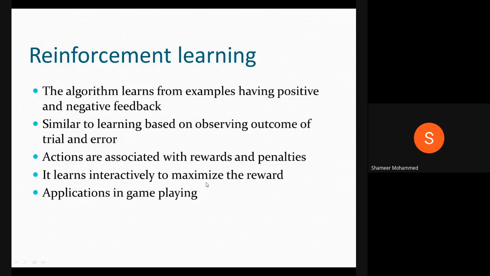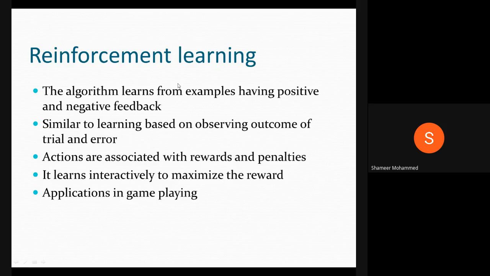You have to act in such a way that you get the maximum points, maximum rewards. Example, like we have seen the minimax algorithm, alpha beta pruning, game playing algorithms. You are finding the least possible path. You understand? This type of algorithm is your machine learning reinforcement type of algorithm.